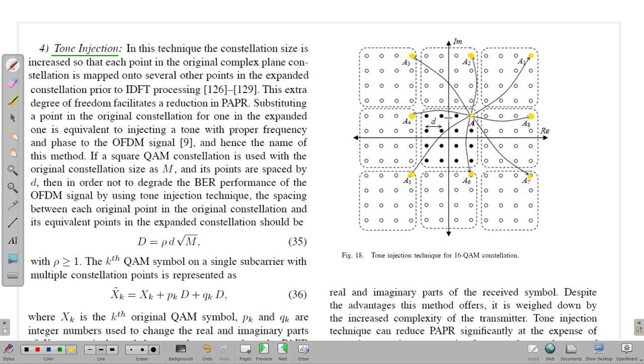Every point here, for example this point which comes in the bottom left of this original constellation, can be mapped onto any of the points on this extended constellation.